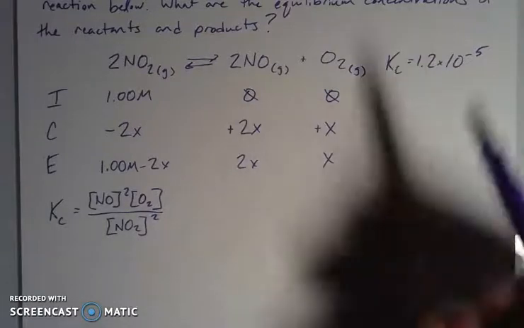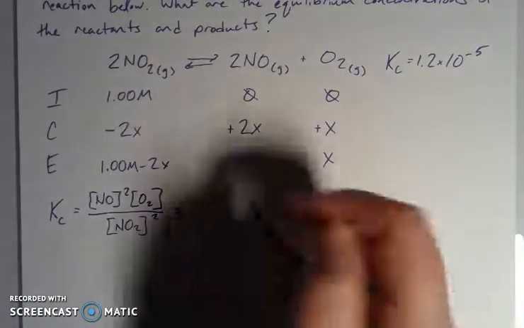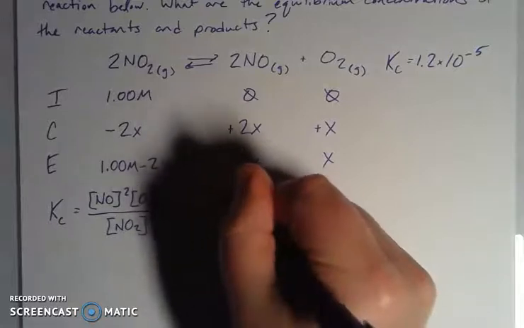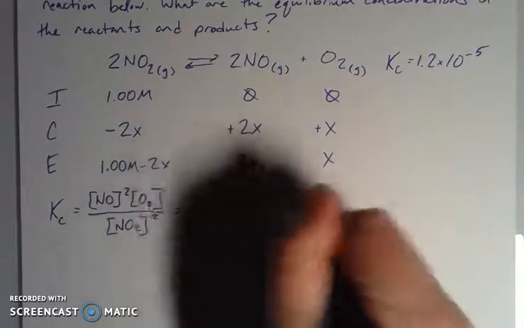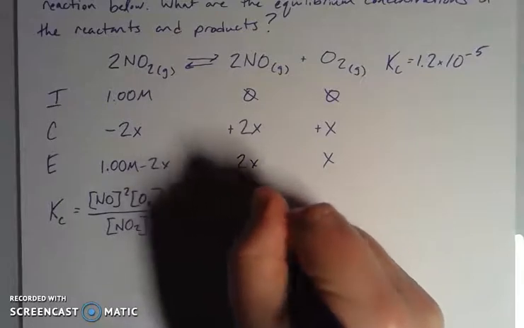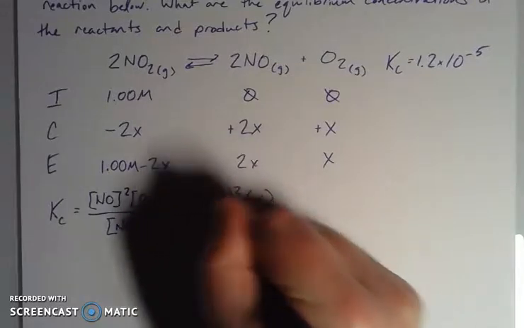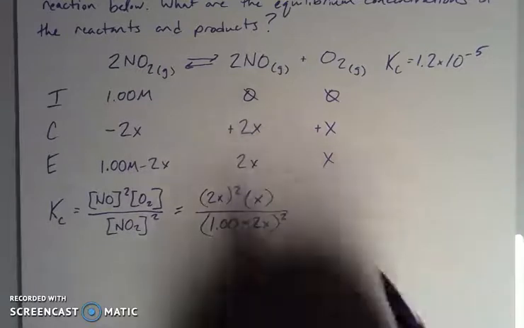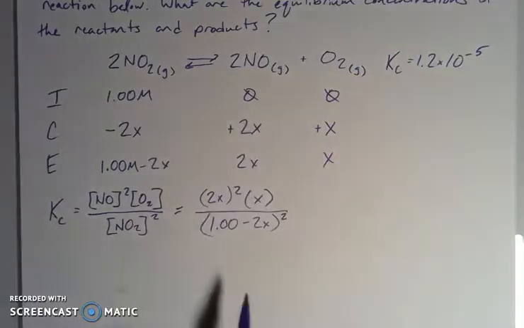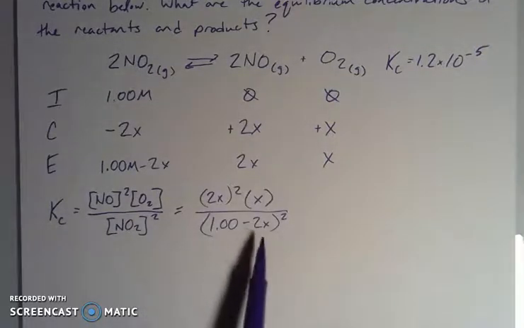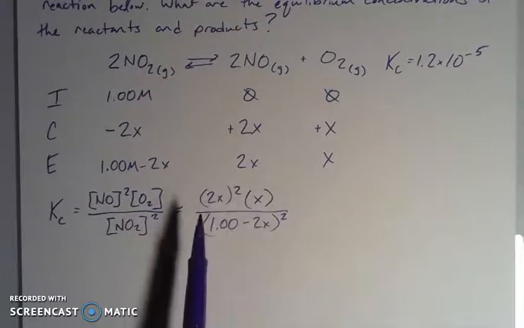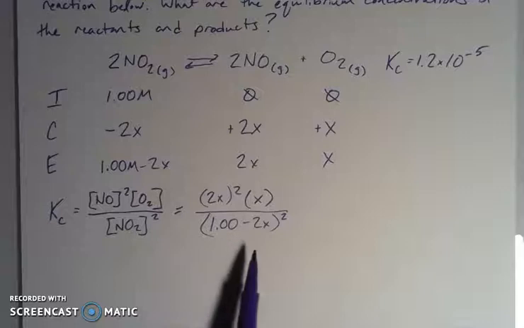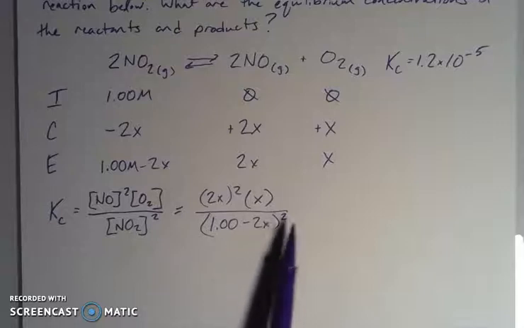Now, when I plug in my equilibrium concentrations, as is the next step, then I have 2x, which I'm going to square, times x, divided by 1 minus 2x, and I'm just going to drop my units for now, squared. Now this all looks kind of ugly, because this would give me a 4x cubed on the top, and then we'd have this 1 minus 2x squared, so we'd have to factor things out.